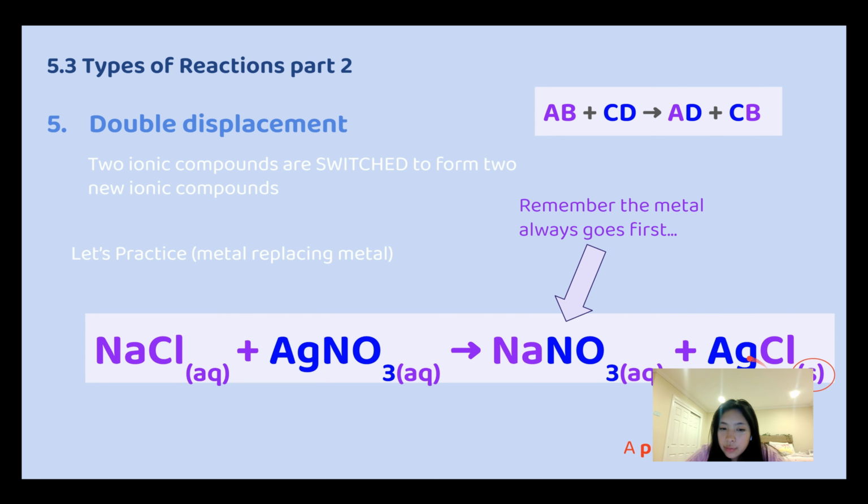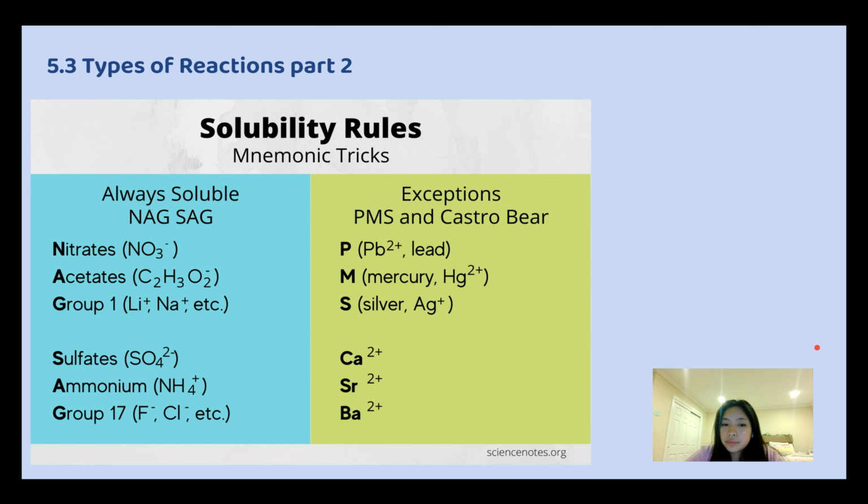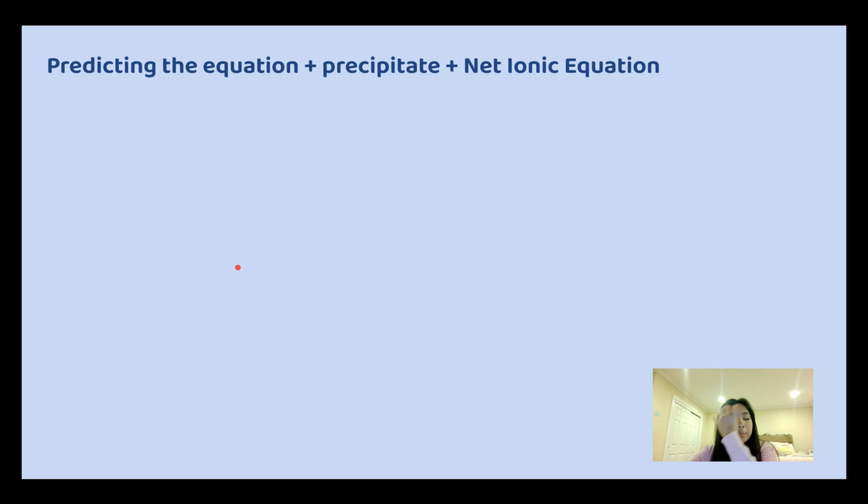So if you look at this example, silver is bonded to chlorine. Although chlorine is a group 17 gas, it would typically be soluble, but since it's bonded to silver, it's going to be insoluble. So just commit this chart to memory.